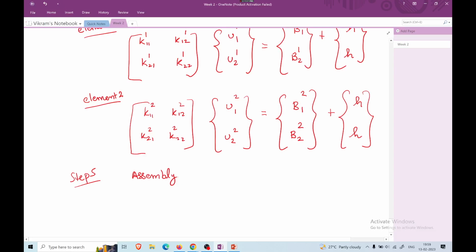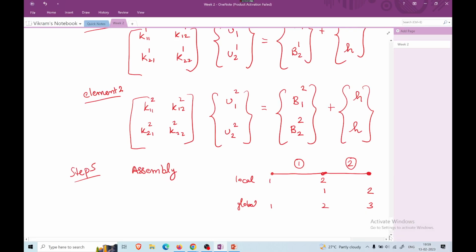So how to assemble? We have this element, this is element 1, this is element 2, this is node 1, 2 local, and for this it is 1 and 2. At global, this is 1, 2, 3.